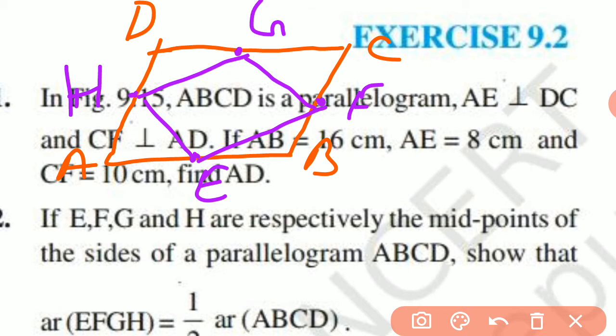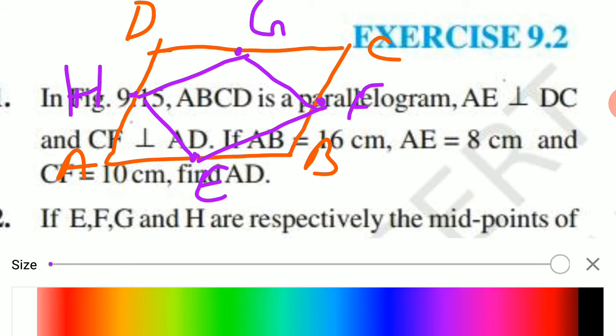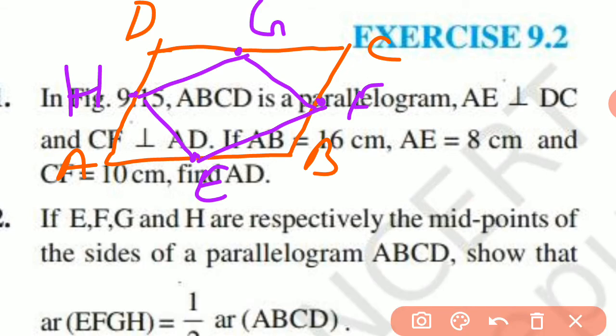ABCD is a parallelogram. Now join H to F, and we know that this is also a parallelogram, and on the same base this is a triangle.